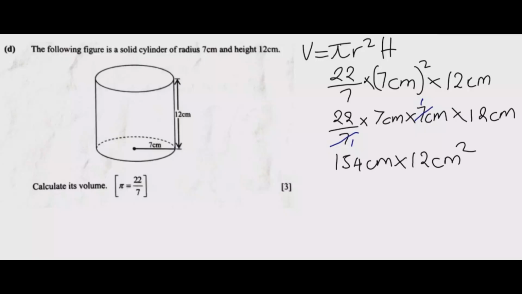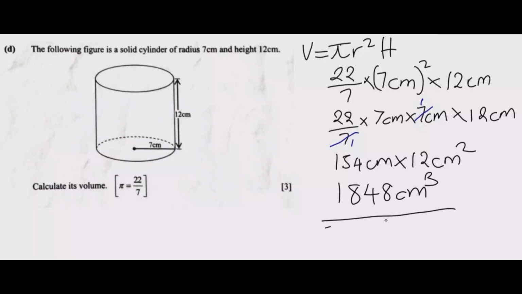Now once we have done that, we can multiply 154 centimeter times 12 centimeter squared. When we multiply this, 154 times 12 centimeter squared, it's going to give us 1,848 centimeter cubic.